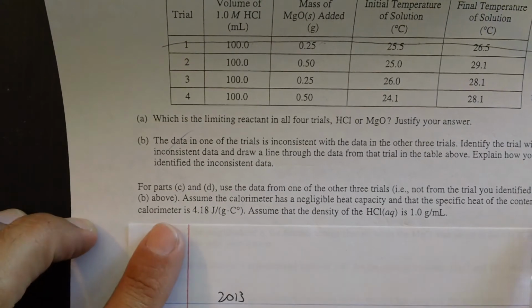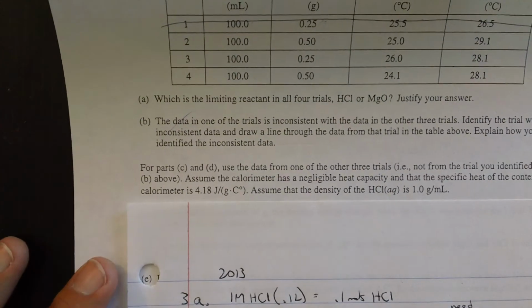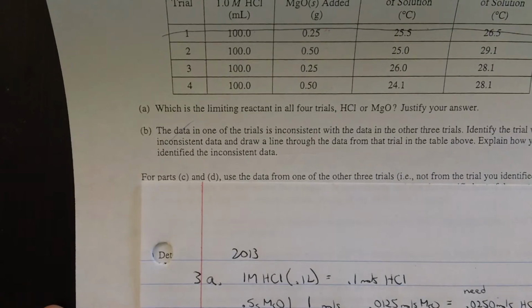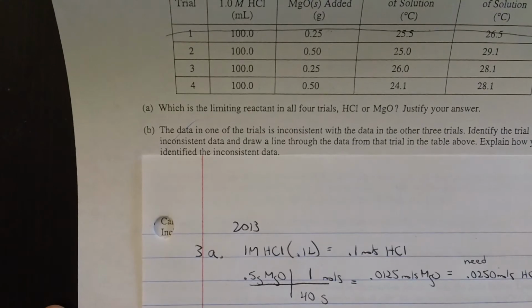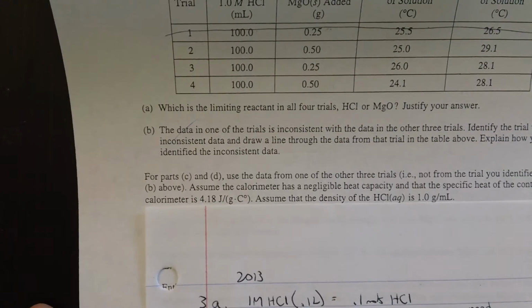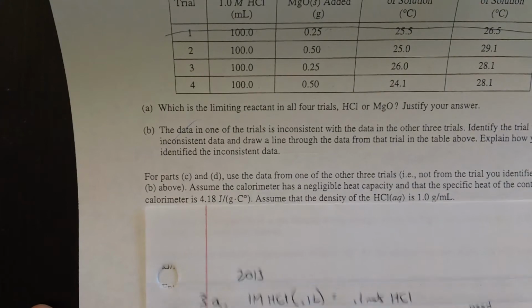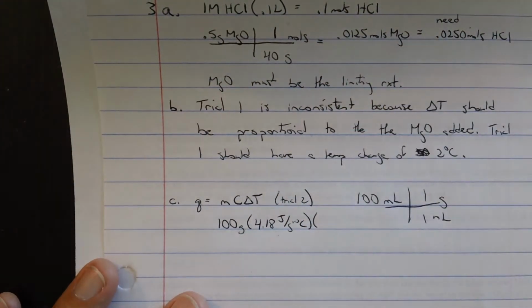Specific contents of the calorimeter, and so whether you include that half a gram or not doesn't really matter. I'm going to do this for trial 2 just because it's the next trial on the page. So 100 grams, and then we got the specific heat constant, that's the 4.18 joules over grams degrees Celsius, all times our change in temperature.